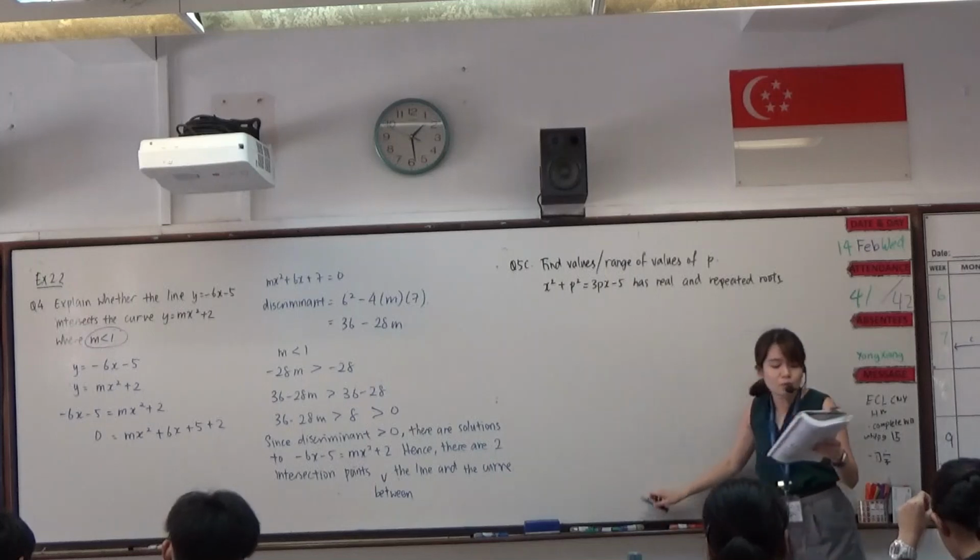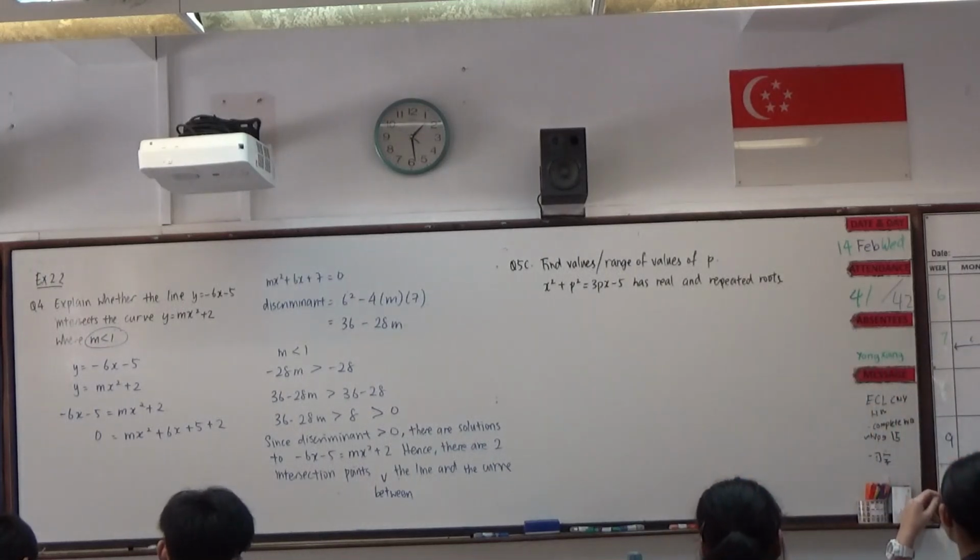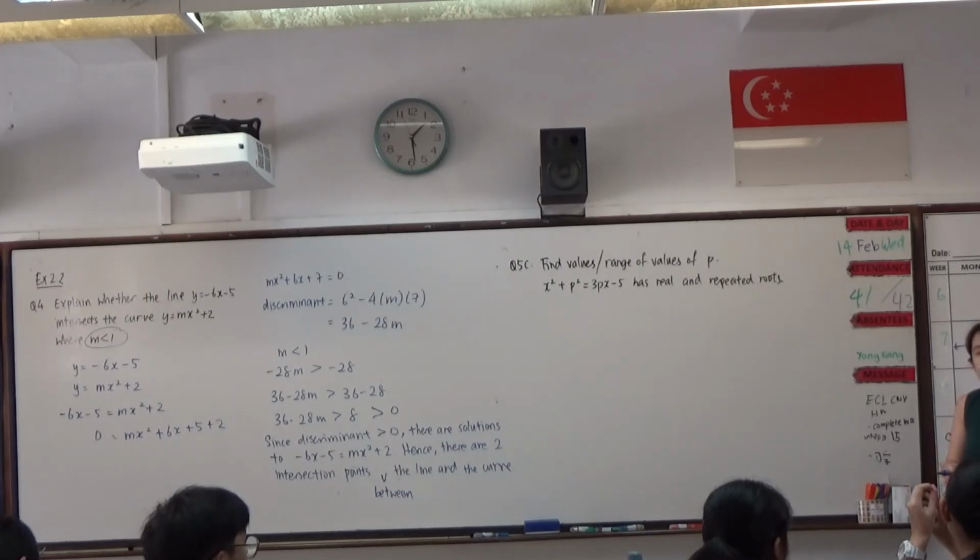Real and repeated roots, what does that mean? How many roots are there? 1 or 2? There's actually 1 only, because it's repeated.